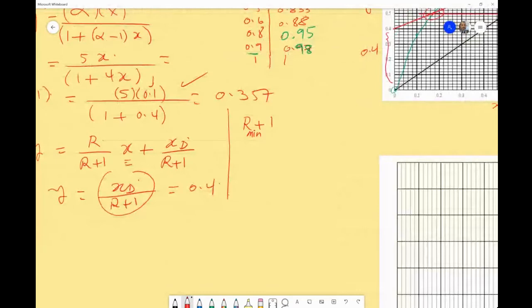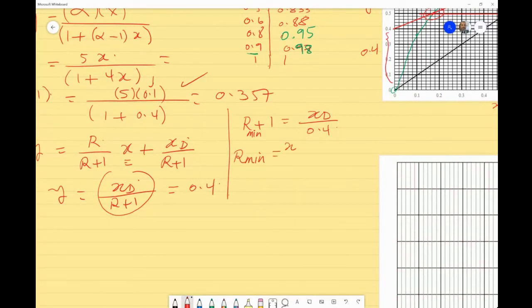So R minimum plus 1 is equal to XD over 0.4. Now that means R minimum is equal to XD over 0.4 minus 1. Now I know XD is 0.95, so 0.95 over 0.4 minus 1.